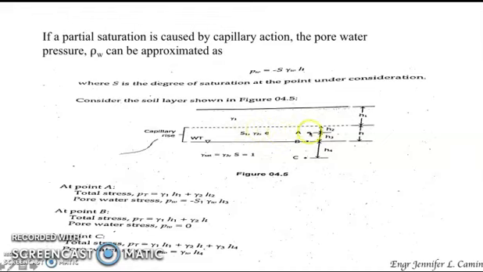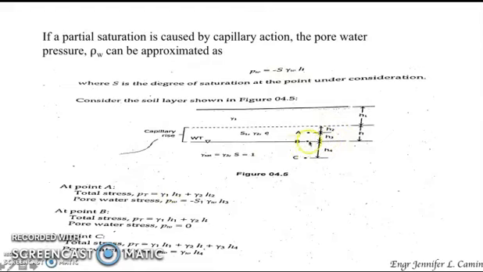For the pore water pressure at point A, since point A is within the capillary rise, this is partial saturation caused by capillary action, class. So our pore water pressure at point A will be equivalent to negative S times the unit weight of the water times h3. So that is our h3.